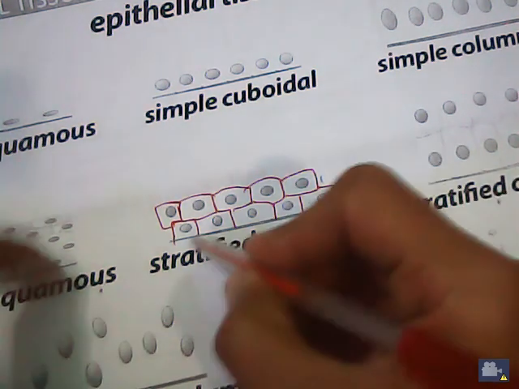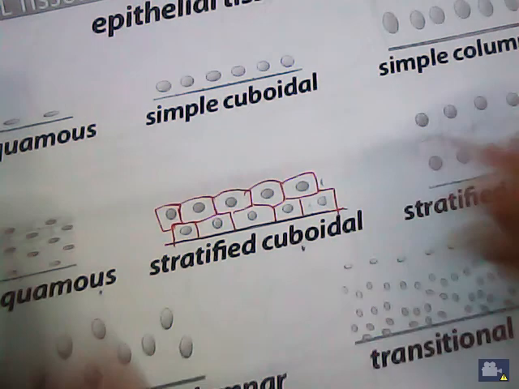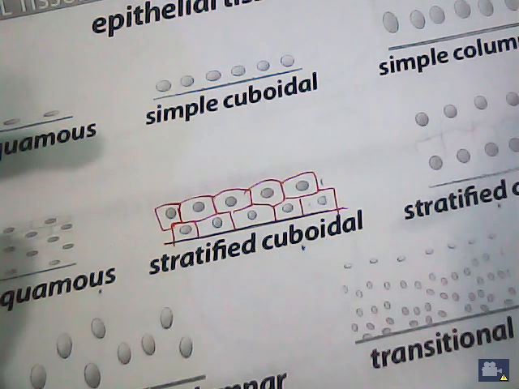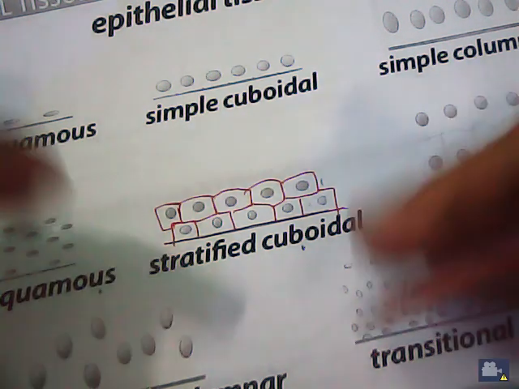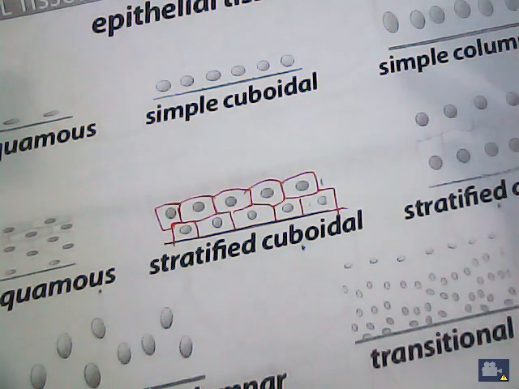So it is showing that these are cuboidal epithelium, but they are arranged in layers. So one layer is on the other layer, and then the second, third, fourth, fifth layers.